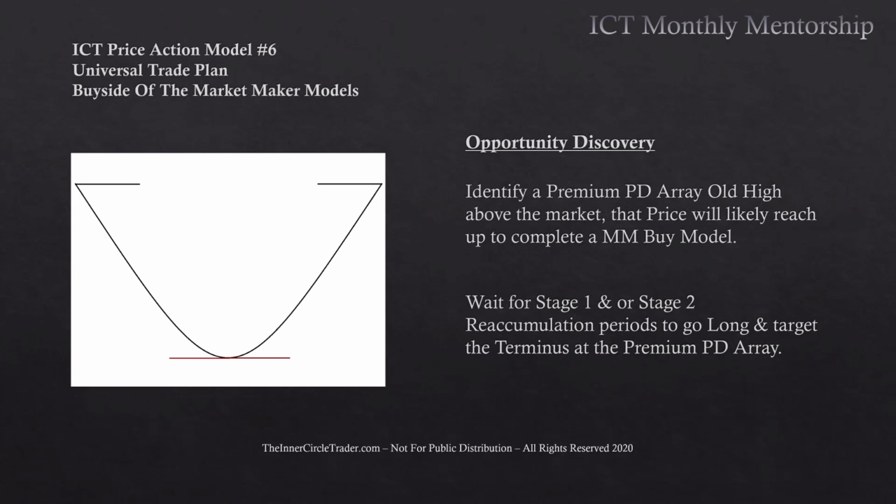Okay, and the reverse is seen when we have a market maker buy model. We're going to identify a premium PD array, old high, or in this case, the original consolidation above the market. That price will likely reach up to complete a market maker buy model. Again, we're going to wait for stage 1 and or stage 2 reaccumulation period to go long and target the terminus at the premium PD array.